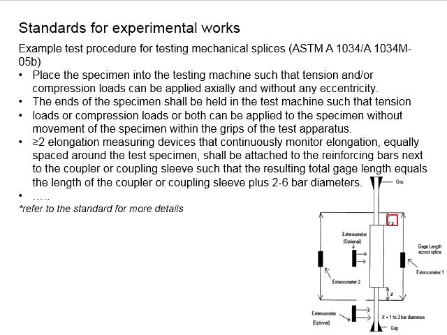That means for 1z here, it will be about 1 to 3 times the diameter of the bar being spliced. It is optional for you to install another extensometer to measure the extensions happening within the coupler. For more details, you may refer to the standards.